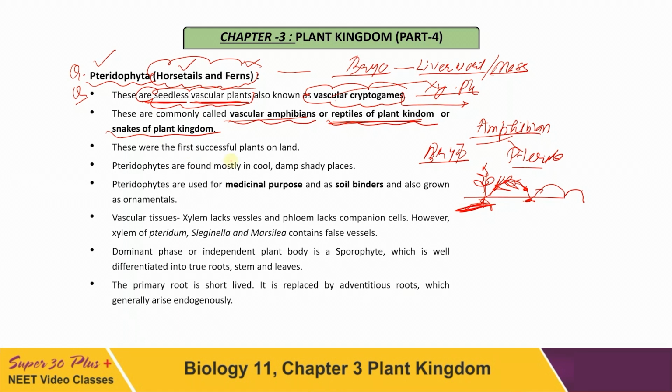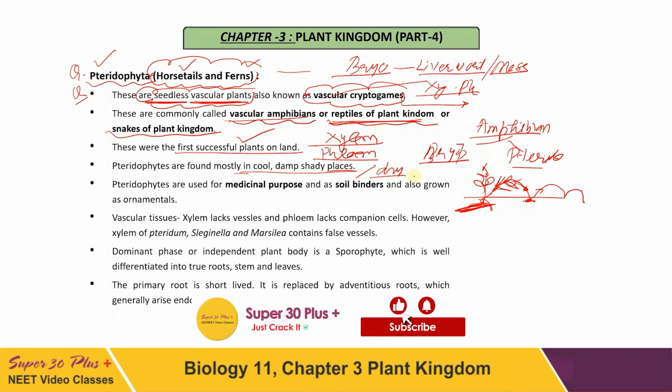Is it clear? First successful plant group on land, because they have vascular tissue, they have xylem to conduct water and minerals, and to conduct food they have developed phloem. First successful plant on land, pteridophytes. These are also found in cool, damp and shady places. No doubt some of the pteridophytes grow in dry regions also, but they prefer to grow in cool, damp and shady places.